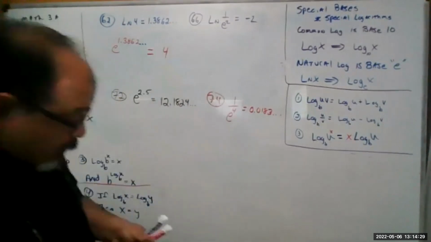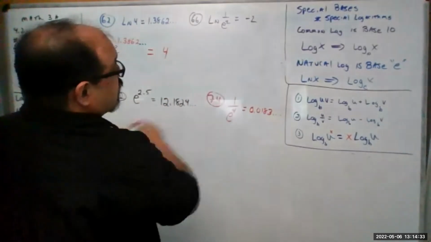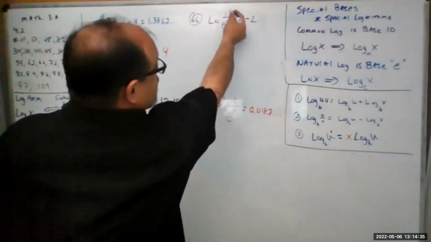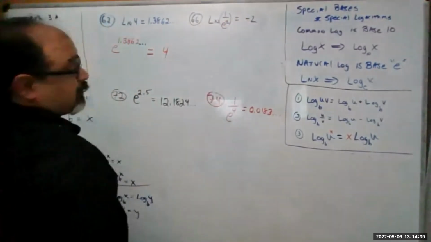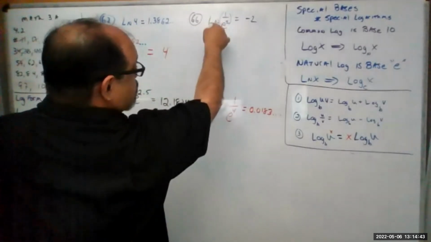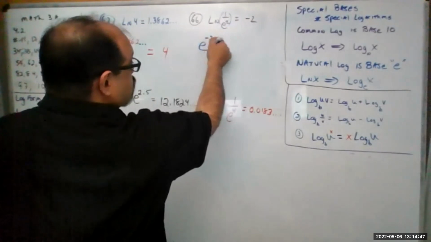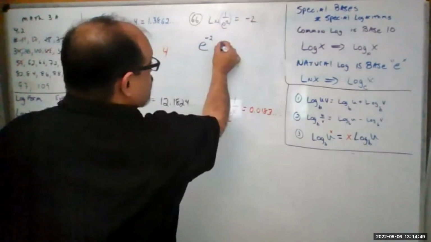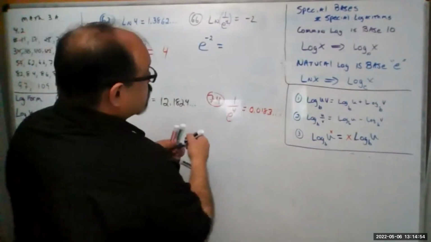66. Convert. Natural logarithm has a base of e. That's not the base. This is the inside. 1 over e squared is what's inside my natural logarithm. But down here, that's not written. Base is e to the across, -2. e to the -2 equals my inside, which is 1 over e squared.